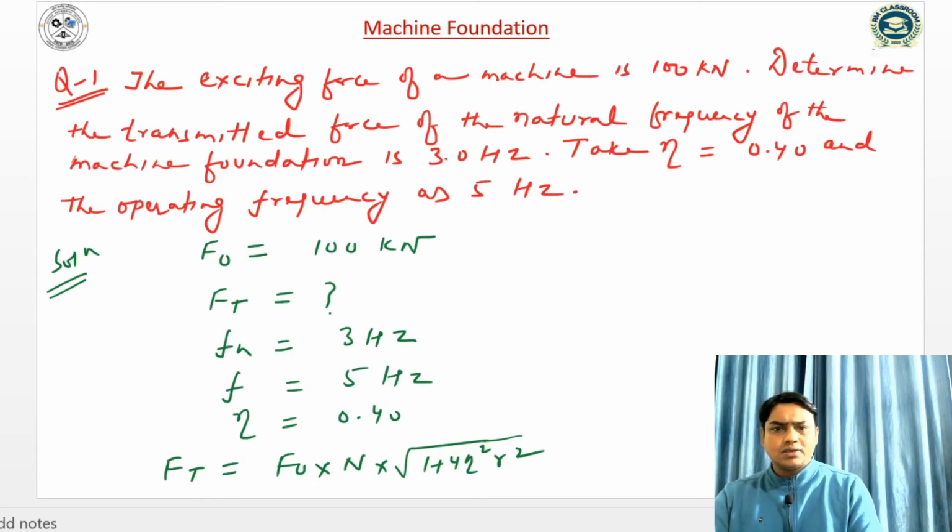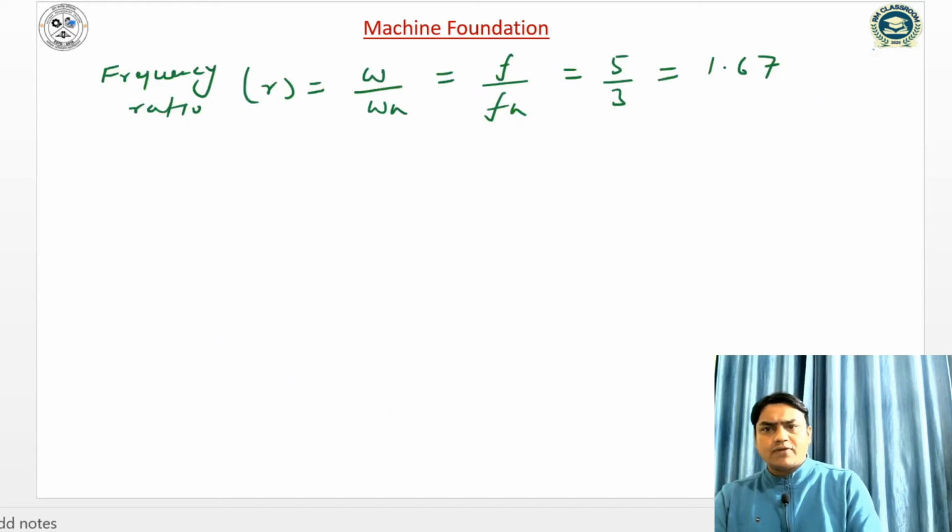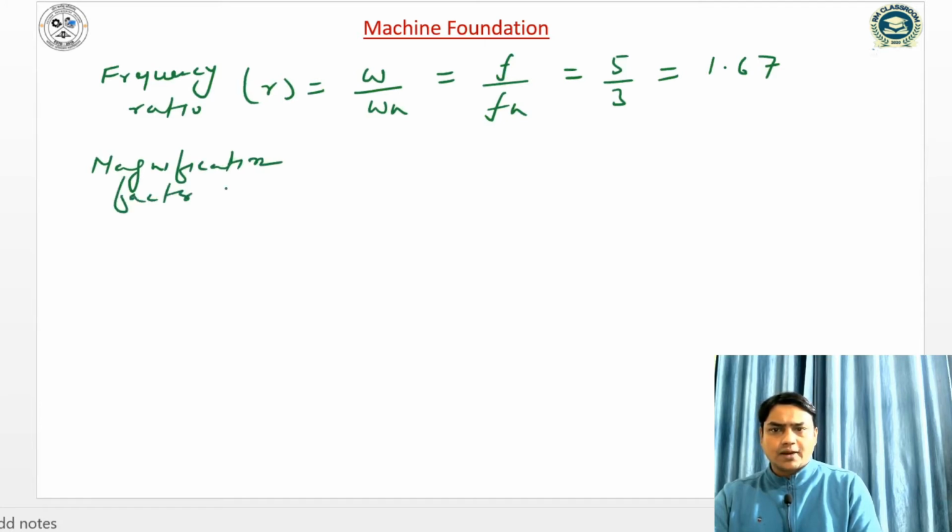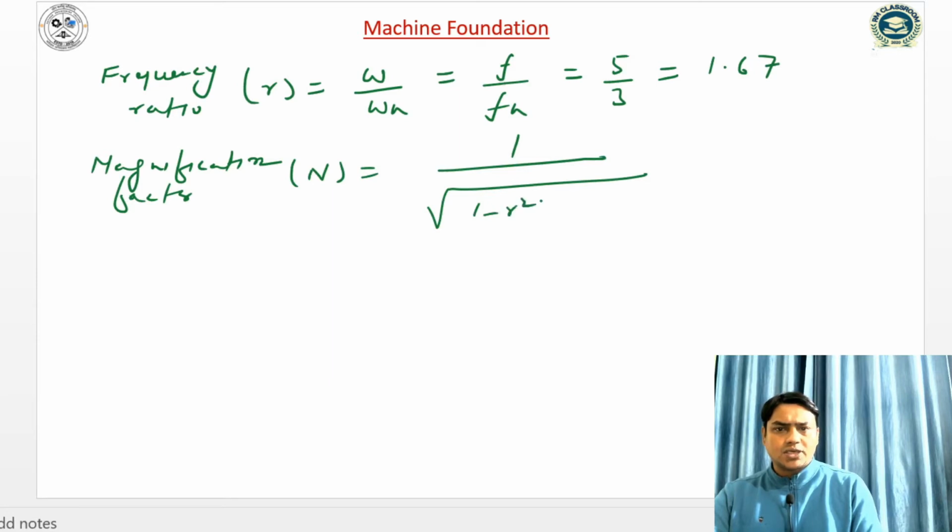Similarly, we have to find the magnification factor. The magnification factor n is equal to 1 by square root of (1 minus r square) whole square plus 4 eta square r square.